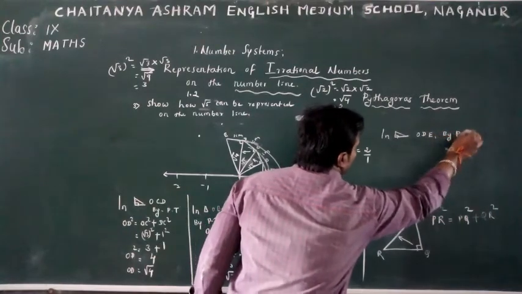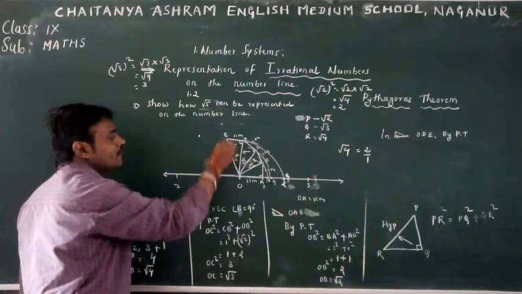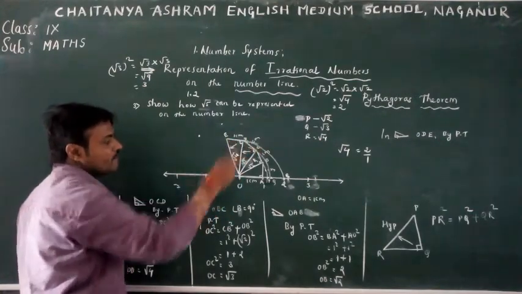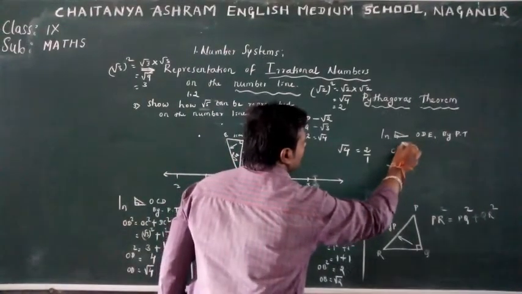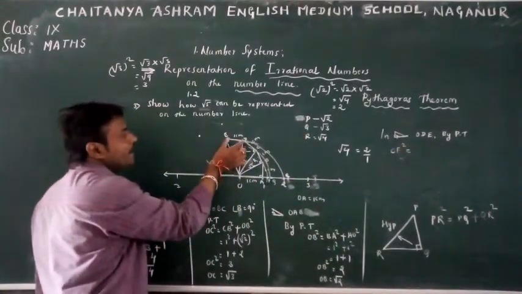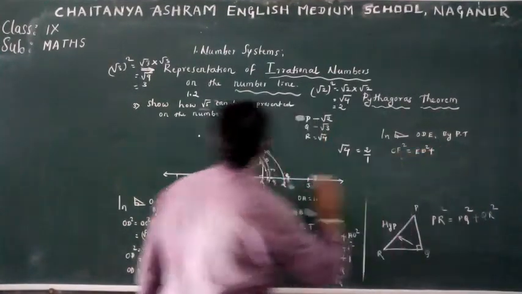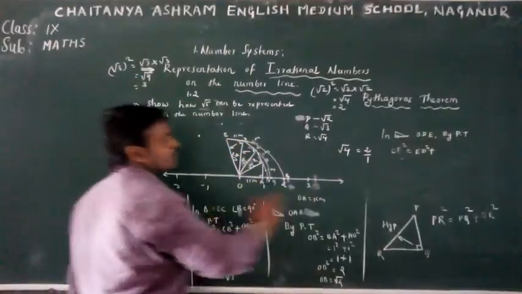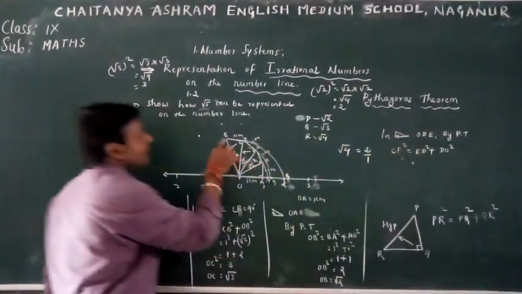By Pythagoras, this is 90 degrees, which means this is the hypotenuse. Apply Pythagoras theorem. OE square of hypotenuse. OE square is equal to ED square plus DO square. So ED is how much?